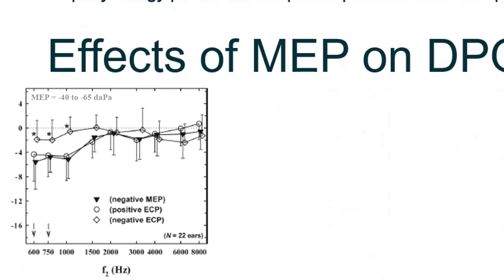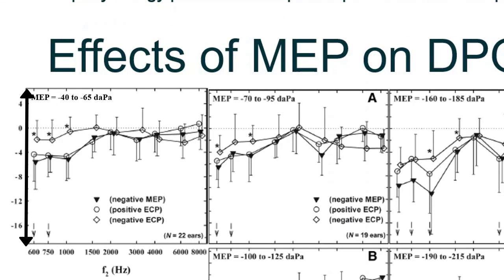So this is showing dB along the y-axis over the F2 distortion product frequency. The 0 mark denotes the baseline condition, which was obtained in the absence of any deviant middle ear pressure in ambient conditions. So that's your ideal scenario.